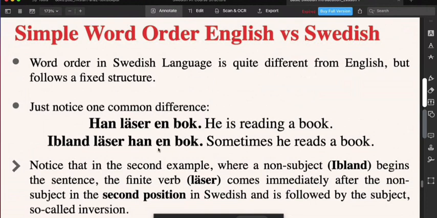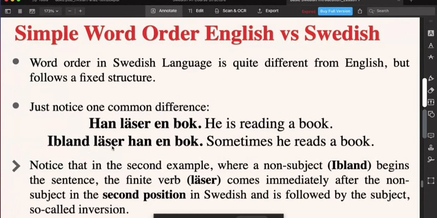But whenever we want to write sentence with adverb at first position or with object, then we need to make sure that your verb is on second position. Means we can write sentence with non-subject. Subject is not at very first position, but still verb cannot change its position. It must be at second position.